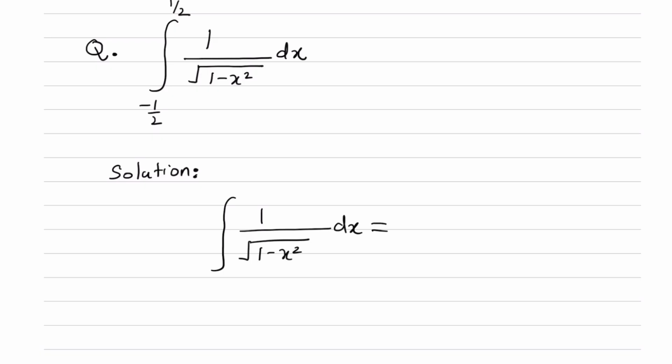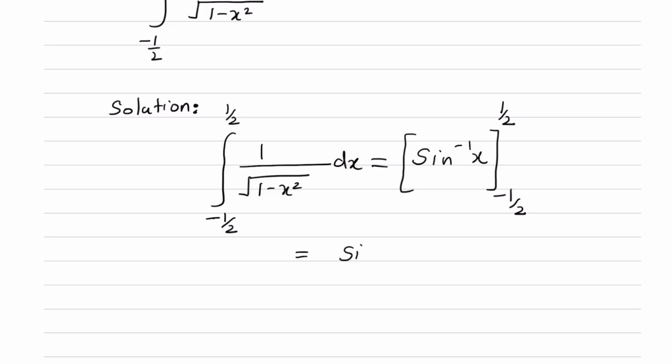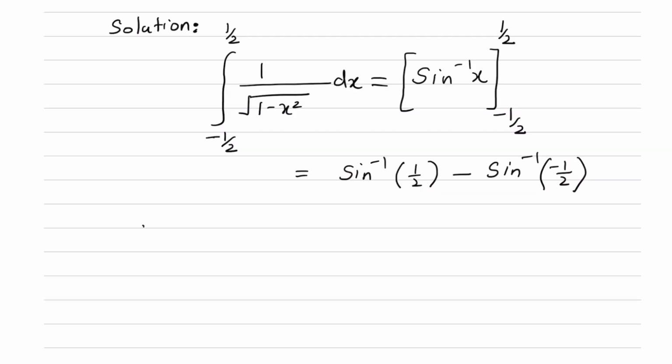We know that this is actually a formula which is sine inverse x. Now put in the limit, minus 1 by 2, upper limit 1 by 2. The function in the place of x we have the upper limit, minus the function in the place of x we have the lower limit. And we are done.